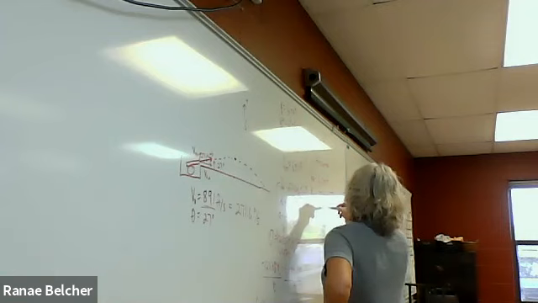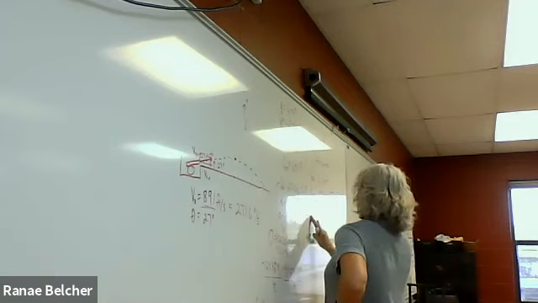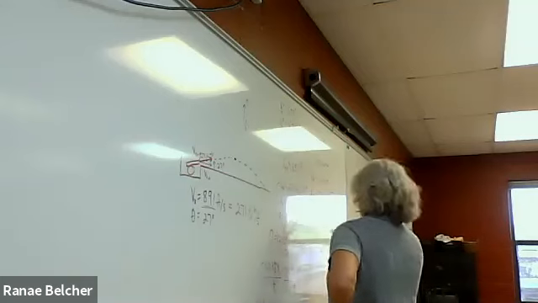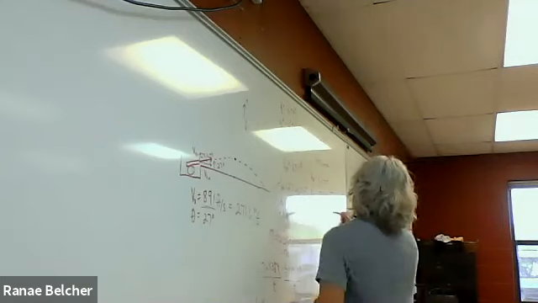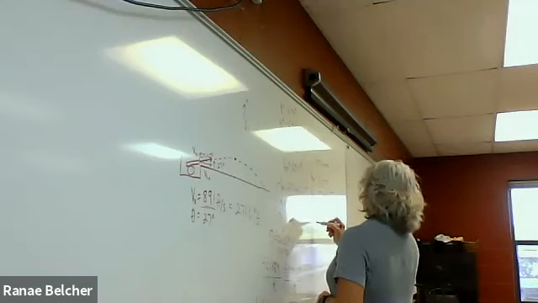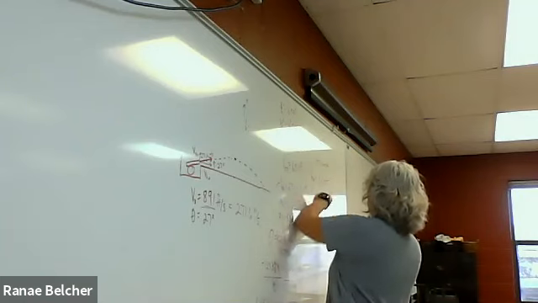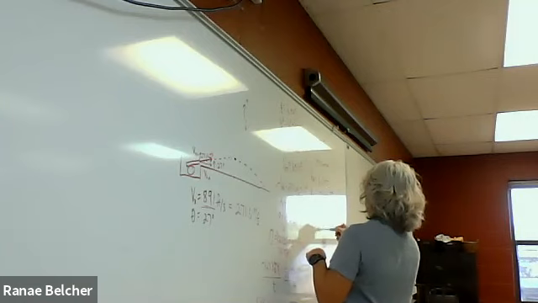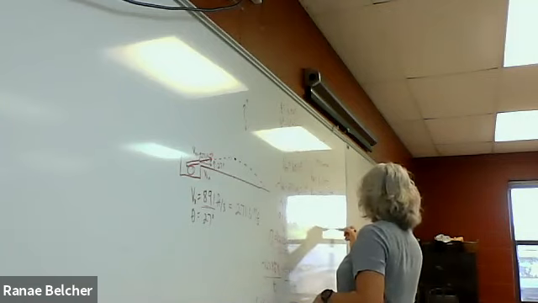So this time is going to be true for both of them. And so we can solve for our distance by multiplying the horizontal velocity times the time, which is 25.16.